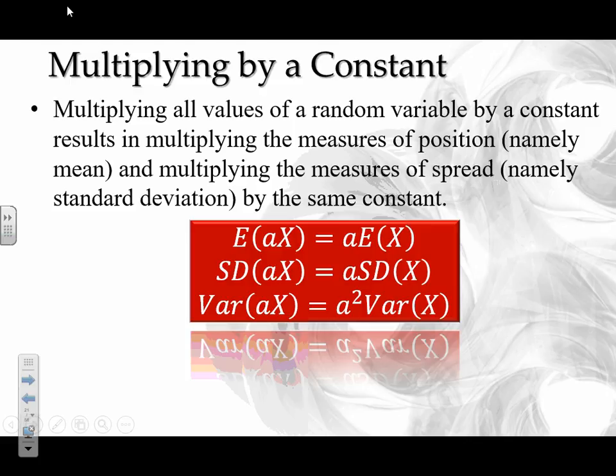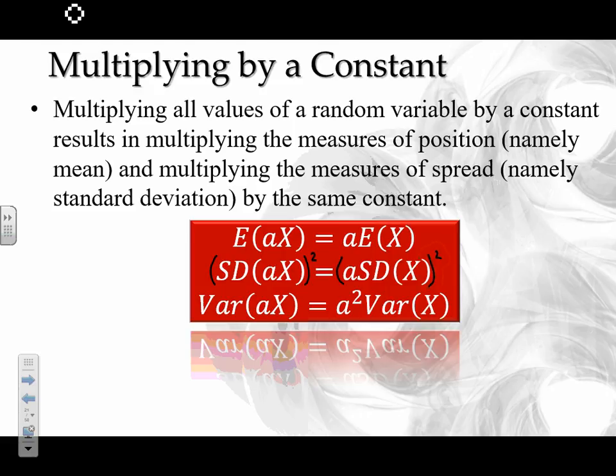Why would that make sense? What is variance? Yeah, it's our standard deviation squared. So notice, I have standard deviation. If I wanted to convert this equation to variance, I would need to square both sides. If I take standard deviation squared, it becomes variance.